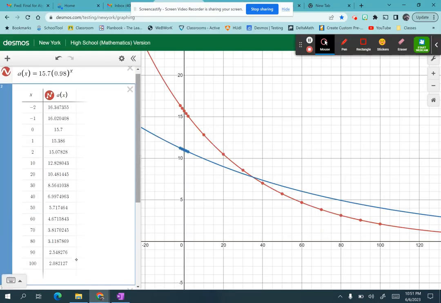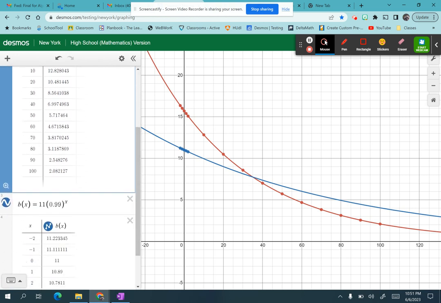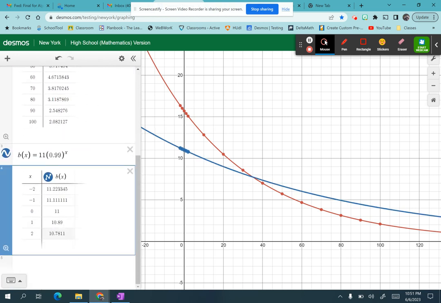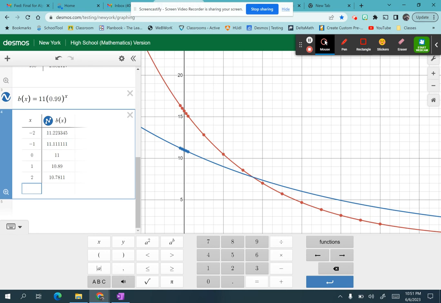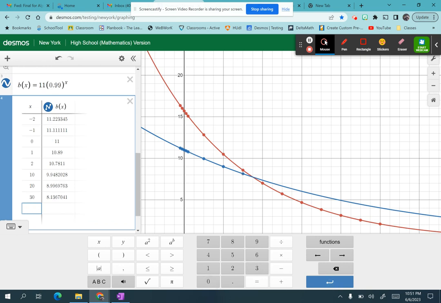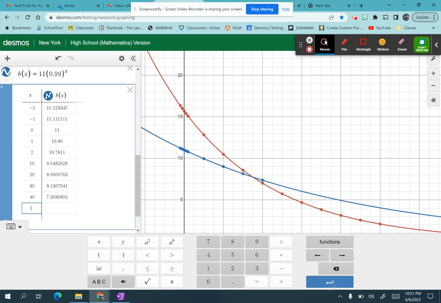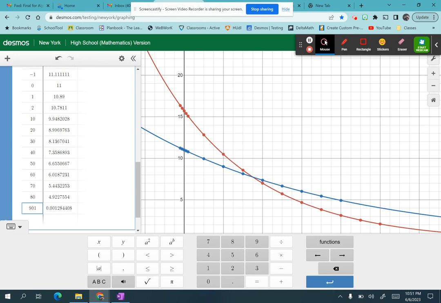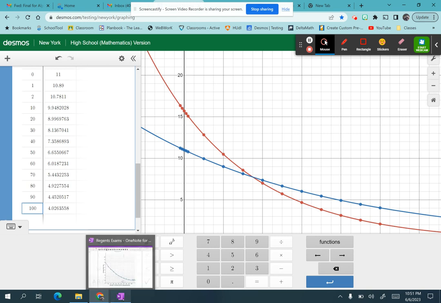So we'll go down to B. Let's see, where are you, B? Here we go. So we'll put in 10, 20, 30, 40, 50, 60, 70, 80, 90, and last but not least, 100. All right, so at 0, we're at 11.